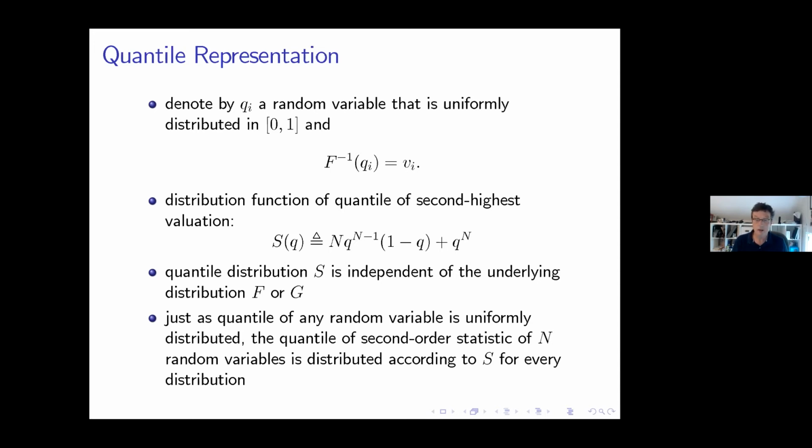But just as the quantile distribution of any random variable is uniform independent of the underlying distribution, so is the distribution function of the quantile of the second highest valuation independent of the underlying distribution and dependent only on the number of bidders, or the number of samples that we draw to get to the second highest. So we essentially have a distribution function that is not quite as nice as a uniform, but it is constant across all distributions.